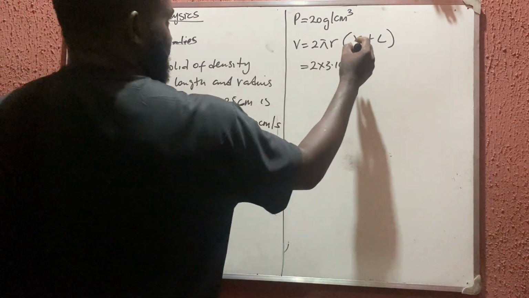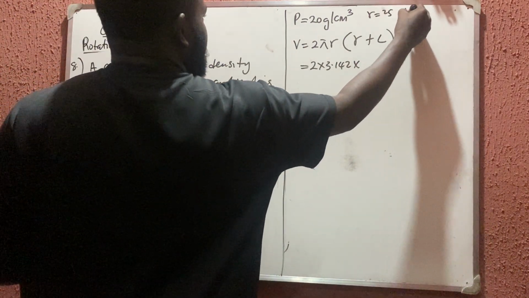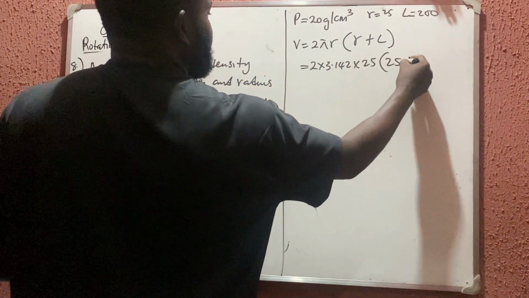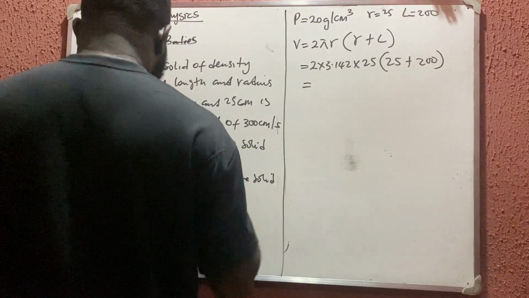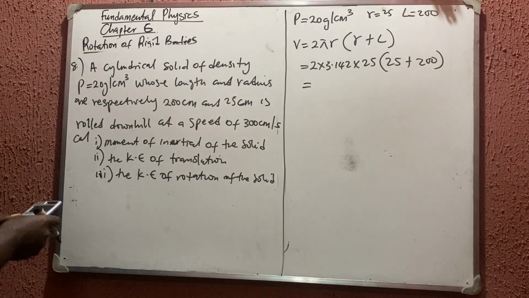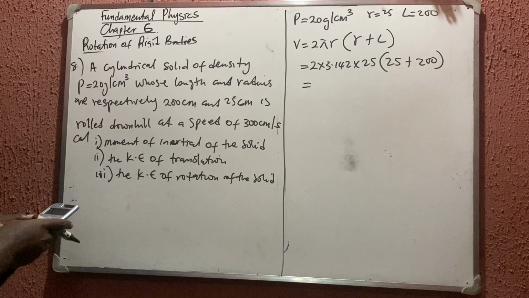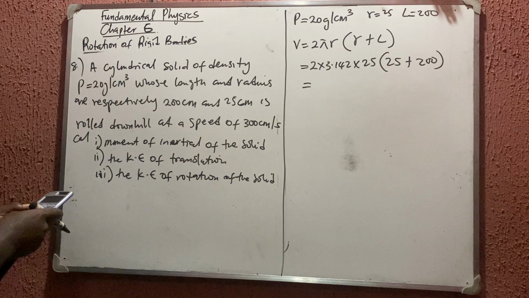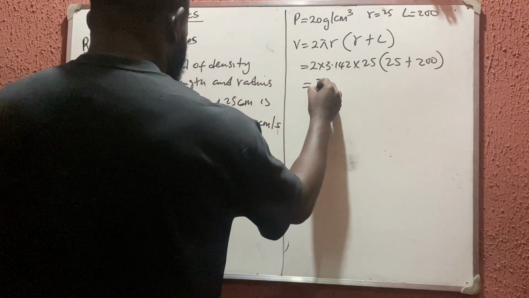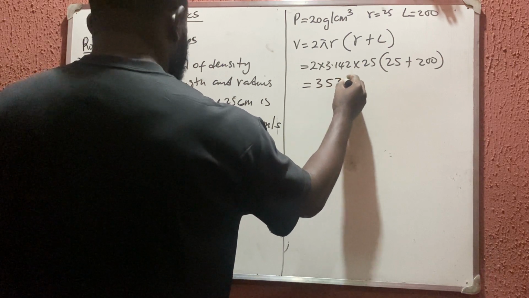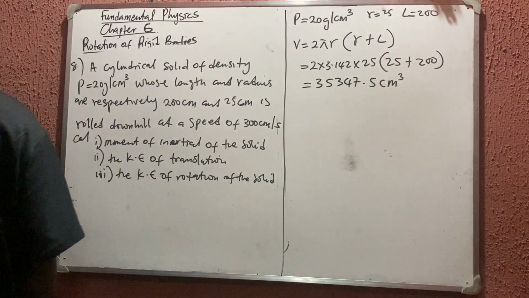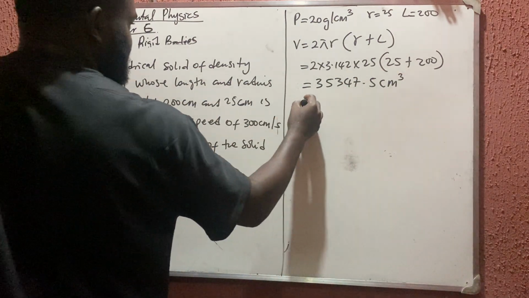The radius is 25, and the length is 200. So I have 25 into 25 plus 200. So 3.142 times 2 times 25 times 225. So I'm having 35347.5 cm cube.